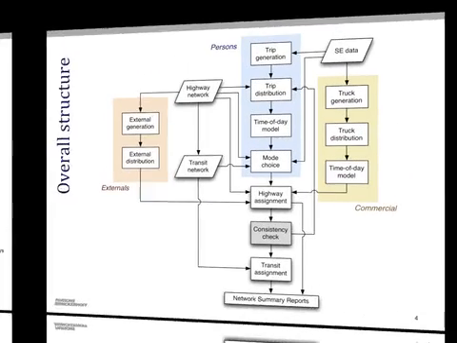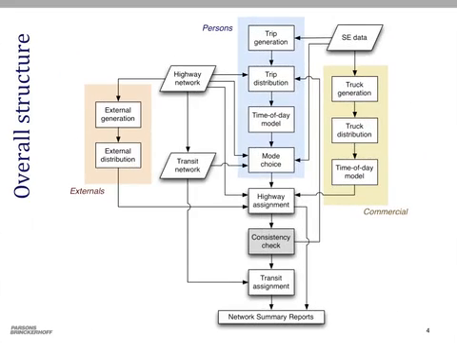Another thing I should tell you a little bit about is the overall structure of the model so you get your mind around this. As you see there in the middle in baby blue, there's a fairly common four-step travel model on the demand side. Time of day is placed before mode choice, which is a little bit uncommon, but by no means a problem.